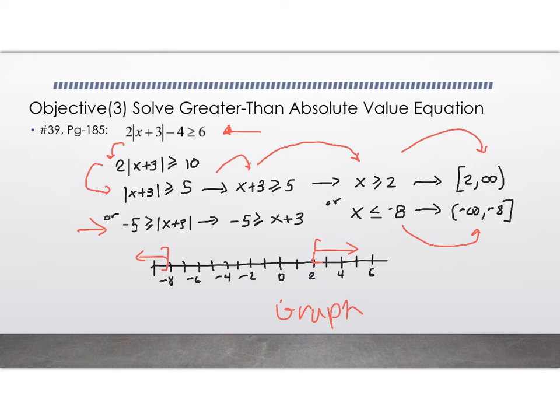So as you can see with the greater than absolute value, when we break down the absolute value into two pieces, we have an absolute value greater than the number, or we have a negative number greater than the absolute value. That's important because when we put the numbers into the solution, they have to work in the original equation.